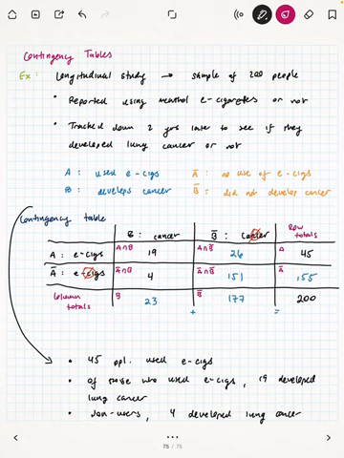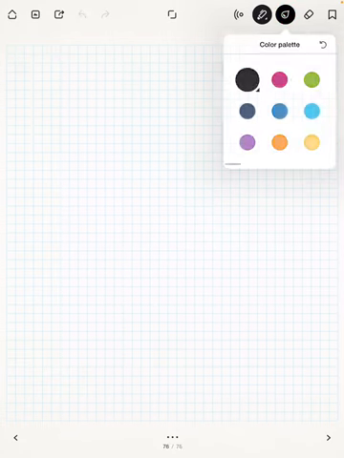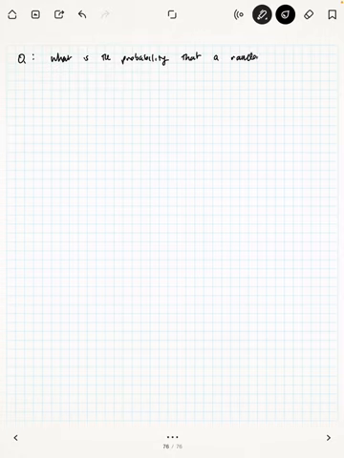And using that, we can now calculate some interesting probabilities. So for instance, let's say we're interested in finding the probability. So what is the probability that a randomly selected person developed lung cancer?